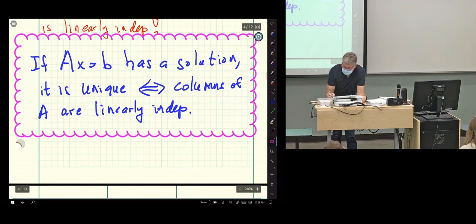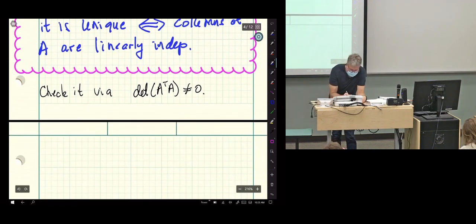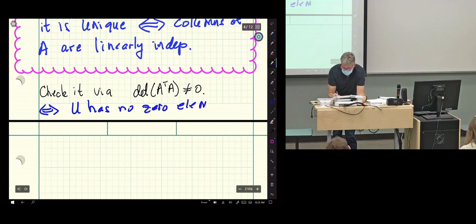So that's why we care about linear independence, and then we check it via determinant of A transpose A not equal to 0. And then we do that by U having no 0 elements on the diagonal.